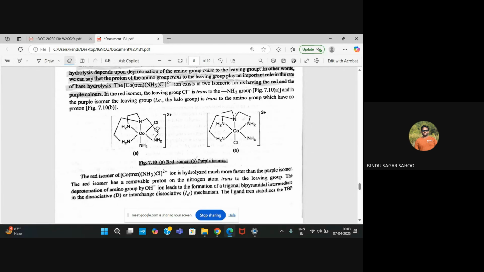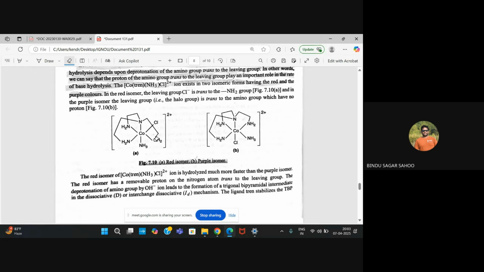Based on the two complexes, the red isomer and the purple isomer, the question is asking which of these two isomers can show a faster base hydrolysis. The first one or the second one?